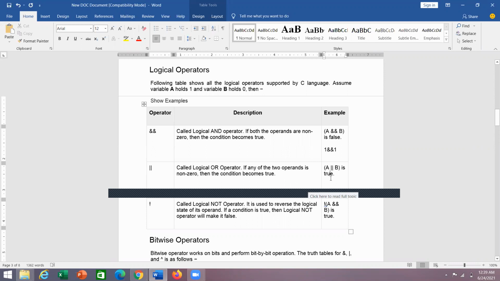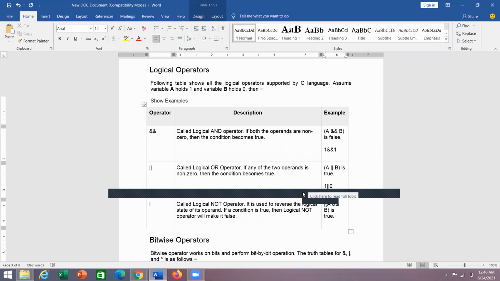So here we have A and B as operands. In two operands, if any one is non-zero, then the condition becomes true. Any one is non-zero, that means A is 1 and B is 0.